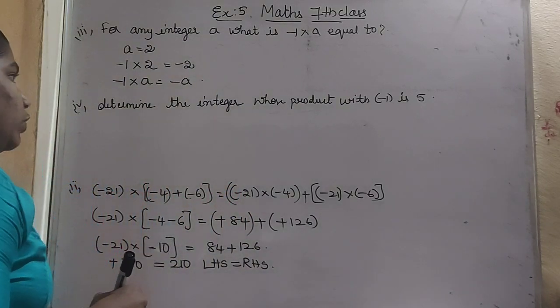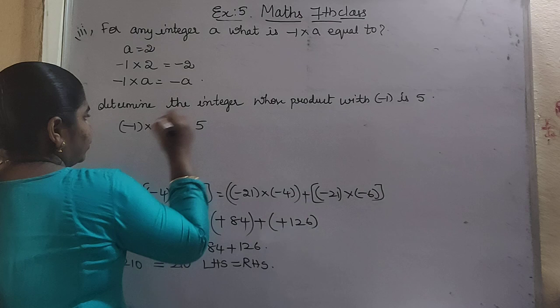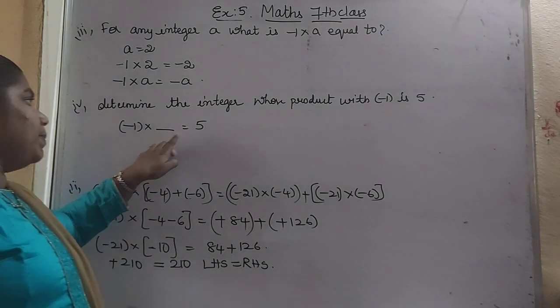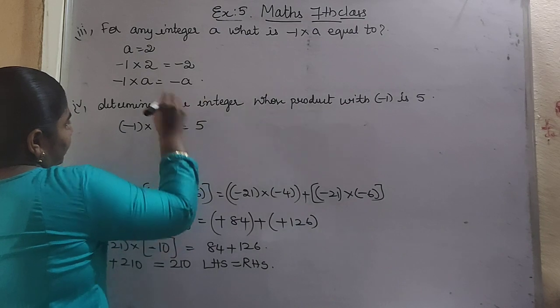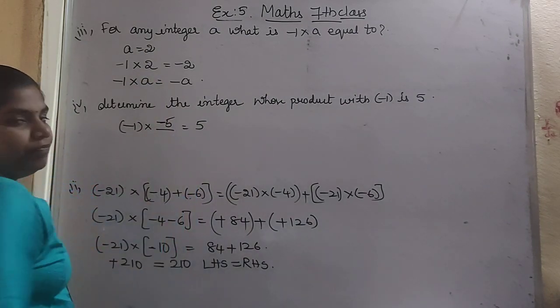So what is the question? For minus 1, which number you will multiply to get the result as 5, they are asking. So which number you will multiply? That will be minus 5. Minus into minus will be plus. 1 into 5 will be 5.